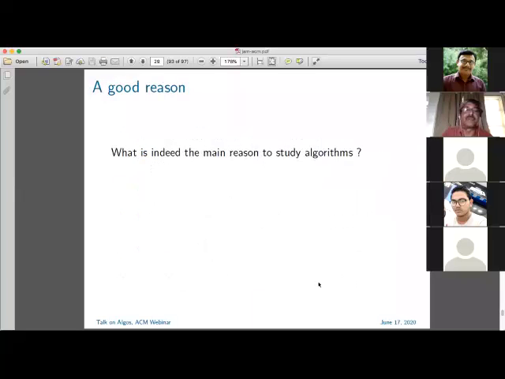So what is indeed the main reason to study algorithms? I started with this question, why should we learn algorithms? The point is, if you're a computer science student at all, algorithms, as was already pointed out, is what makes it a science. This is what makes it technology independent. The fact that sorting takes order n log n time will stand.